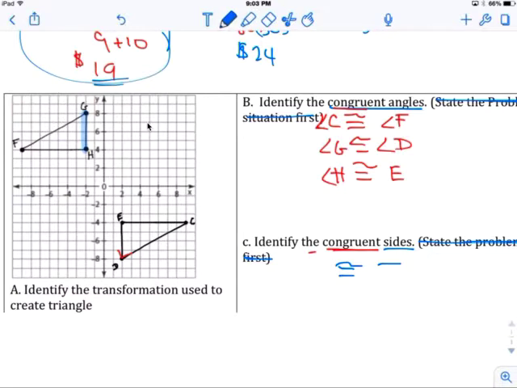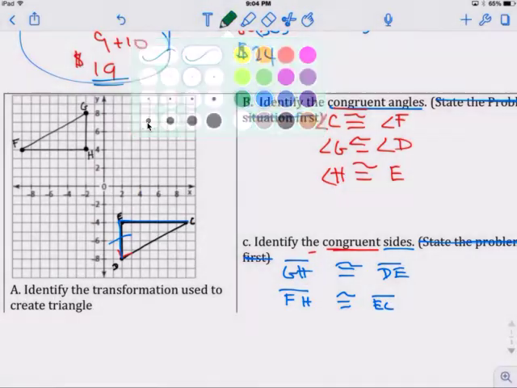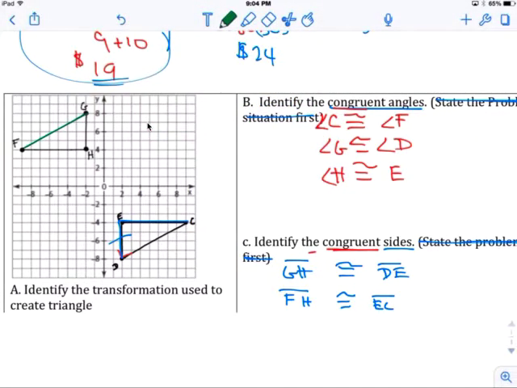That side is G to H. It's congruent to this side, D to E. Another side besides these two is F to H, which is congruent to E to C. And then here, F to G is congruent to C to D.